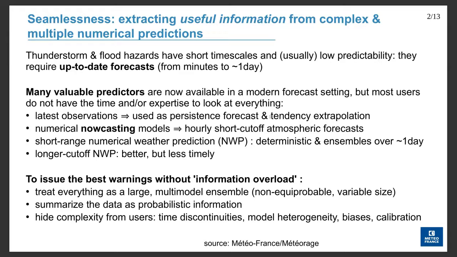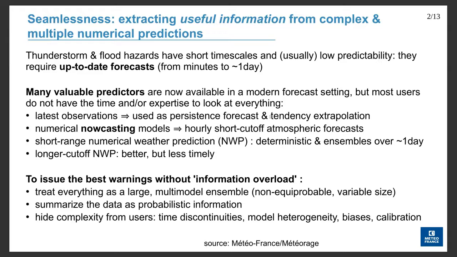So there is a variety of prediction tools available. Actually, there are many of them, and for many users, there's too much information to take in. For instance, there are the observations, which can be used for nowcasting, either as persistence, or sometimes they can be extrapolated over short timescales. Then there are numerical nowcasting models, which are NWP models, so weather prediction models that are configured with very short cutoffs and rapid update cycles.